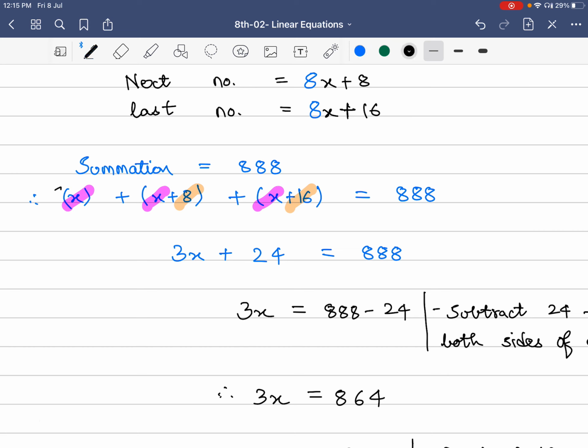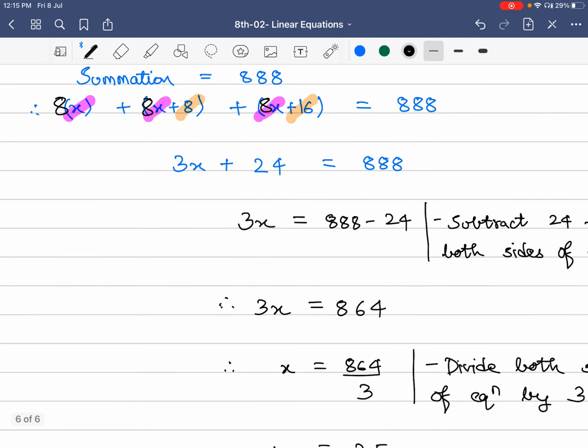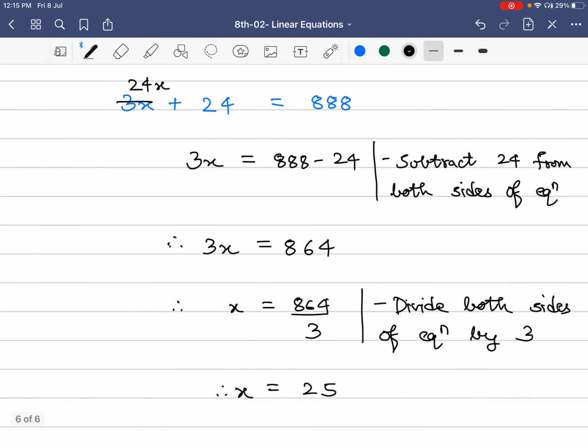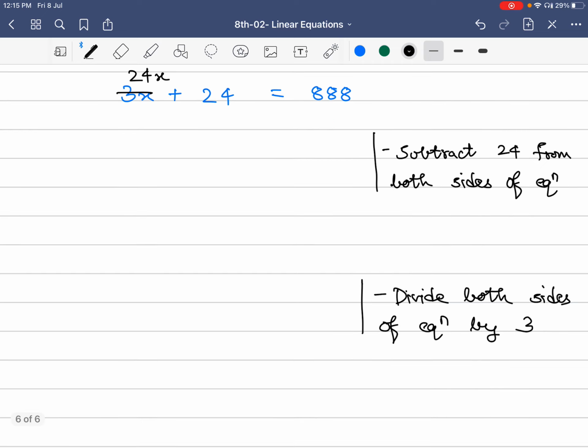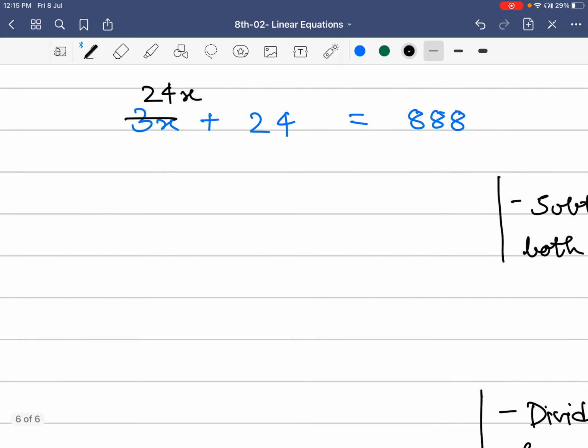Their addition will be 8 3s are 24, so this is going to be 24x plus 24, correct. Let me erase this, and let's zoom in.